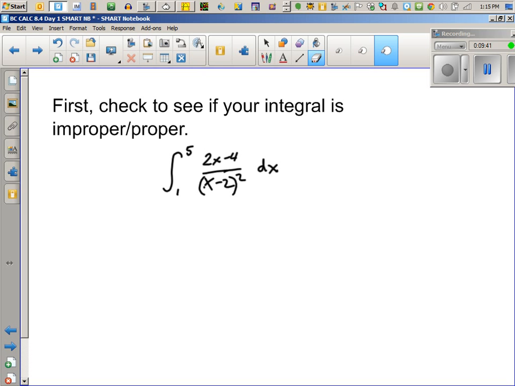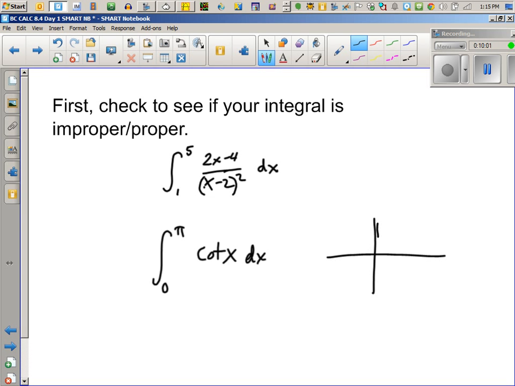Okay? Or how about this one? Some people catch this kind of stuff real easily, but if I said, hey, let's find the integral from 0 to pi of cot x dx, this is an improper integral. Maybe you don't know why, but the graph of cotangent looks like this.